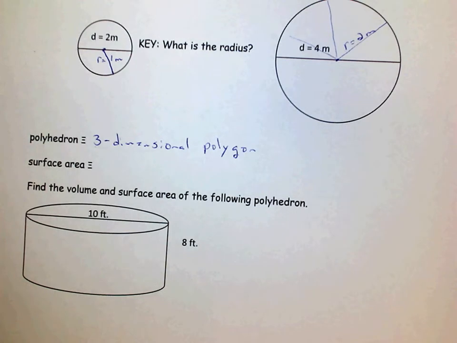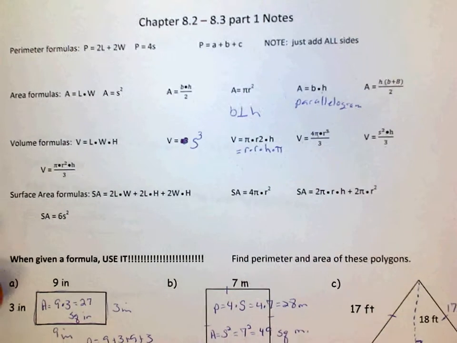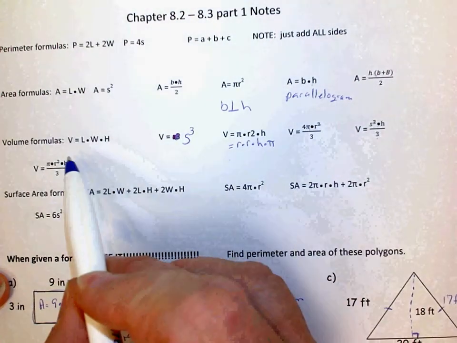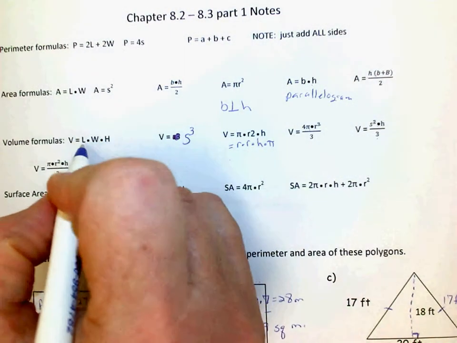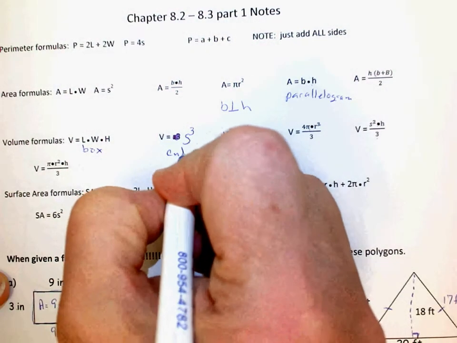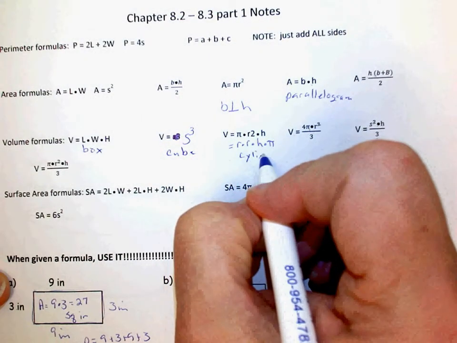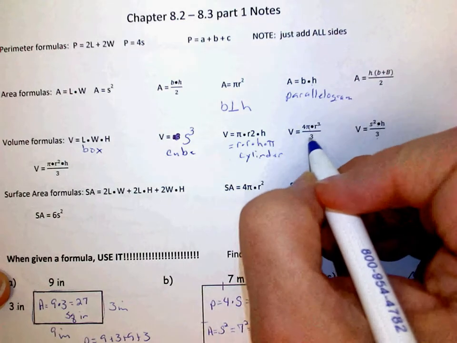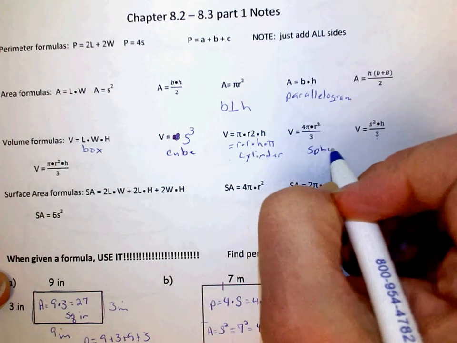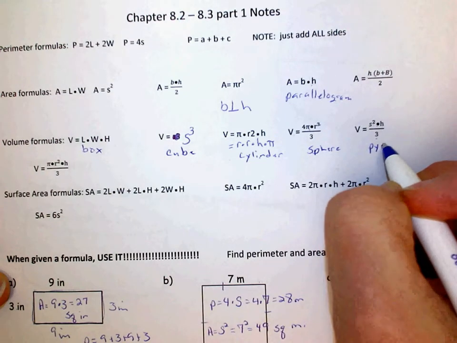And if you remember your formula list from chapter 8.2 and 8.3 part 1, okay, rectangular box or just box, a cube, a cylinder, a sphere, and a pyramid or square pyramid.